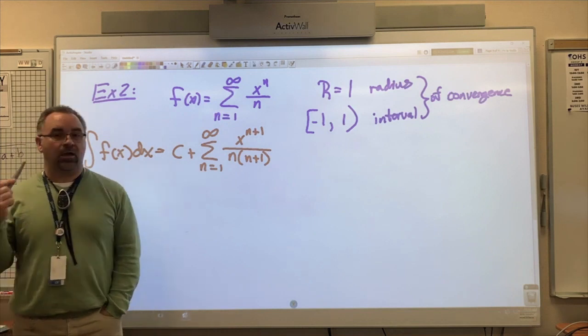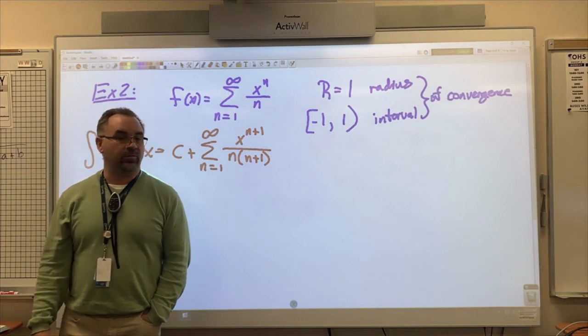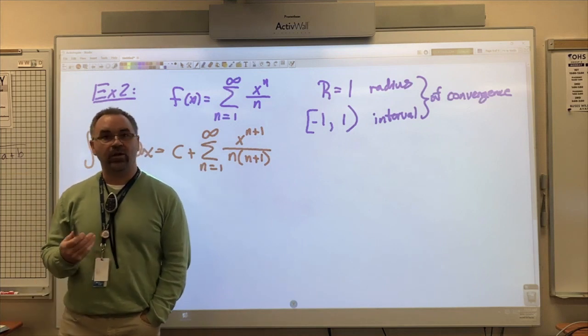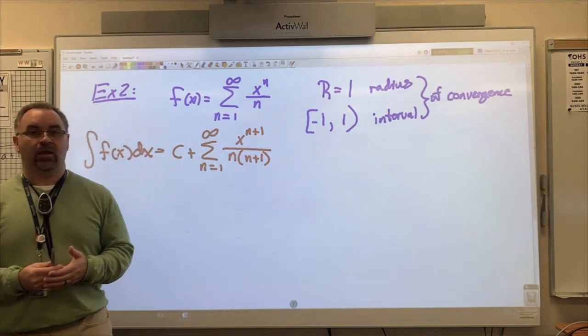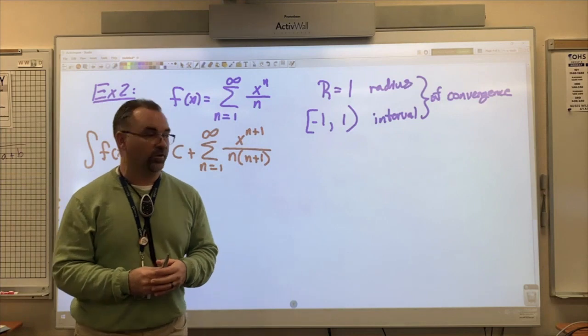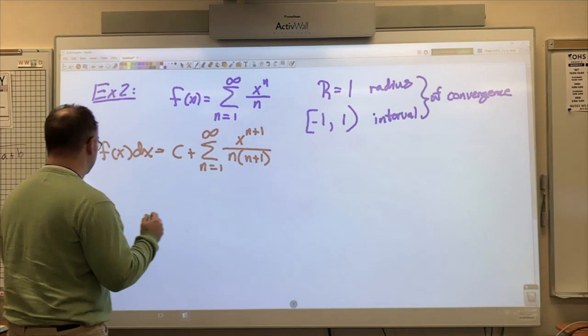Okay, and let's use the same thing we've been doing from the previous one. Let's use the ratio test. Let's look at the radius of convergence. And then let's look at the interval of convergence for this new series here. So I'm going to set up my ratio test.